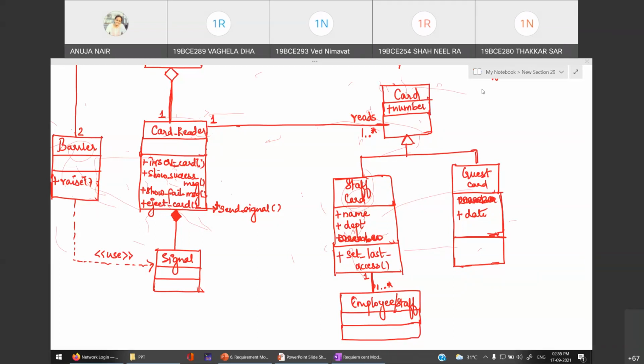So from the side of staff card, I'll say that cards can be issued to many employees, but every employee is associated with only one staff card. Each employee will have only one staff card. That's why the relationship is 1 over here, right?